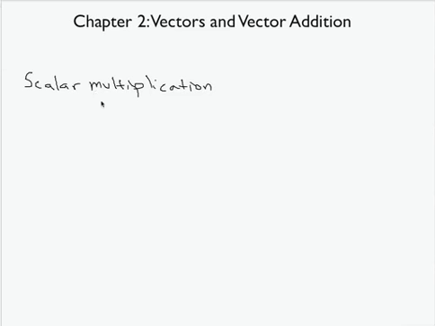So scalar multiplication is simply when you have some scalar alpha multiplied by a vector. We can make a negative vector by multiplying -1 times P, and so -1 times P is just minus P. That's really all there is to scalar multiplication. When we start thinking about vector components a little later, we'll come back to this concept.